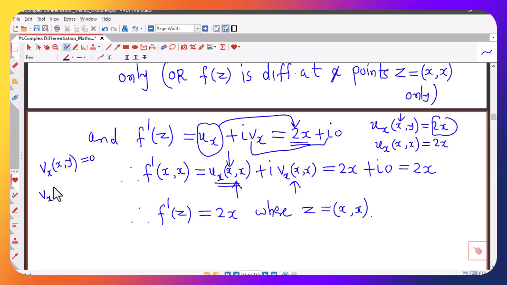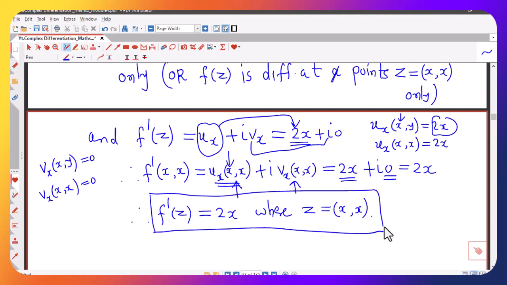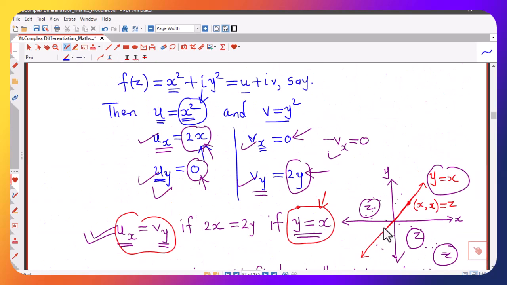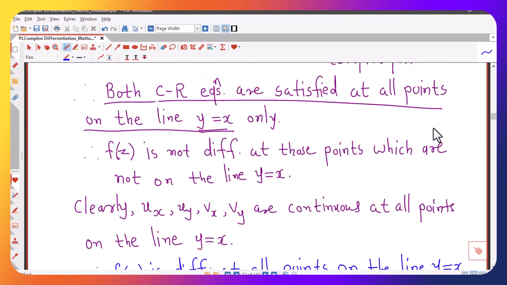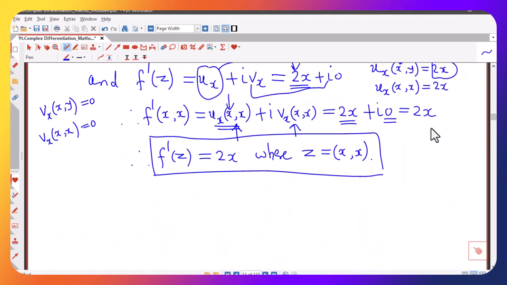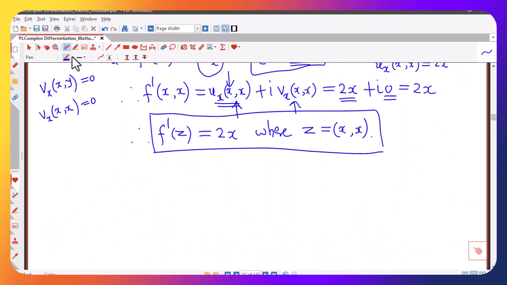Therefore del v by del x at point (x, x) is also 0. So I have written this here, and I am able to decide the differentiability of the given function, and I find that the given function is differentiable at all the points on the line y equal to x only, and if we consider any point on that line, then the derivative is equal to 2x.